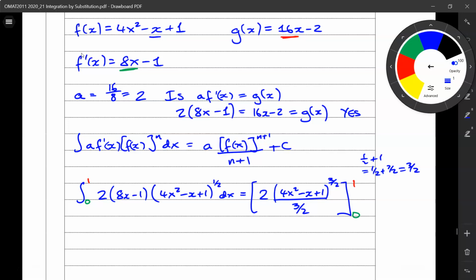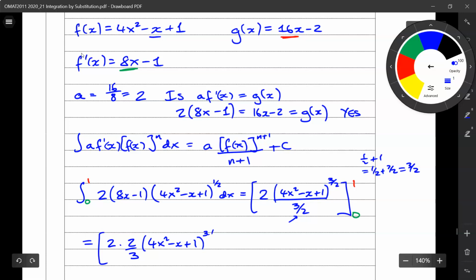So if I continue on then, that gives me 2 times 2 over 3, because I invert the 3 over 2. So 1 over 3 over 2 is the same as multiplying by 2 over 3.